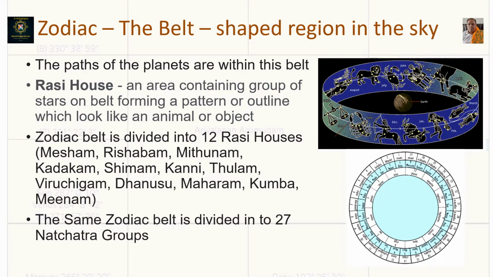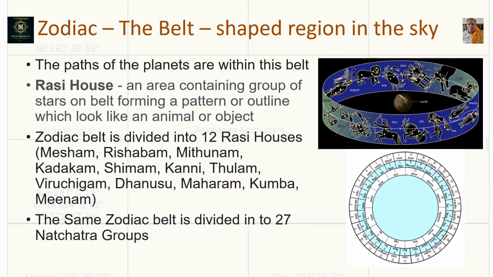In astrology, they have divided the zodiac belt into 12 Rasi houses, and these Rasi names are Mesh Rasi, Rishabha Rasi, Mithuna Rasi, Karagha Rasi, Simha Rasi, Kanni Rasi, Tulam Rasi, Vrichika Rasi, Dhanus Rasi, Makara Rasi, Kumbha Rasi, and Meena Rasi.